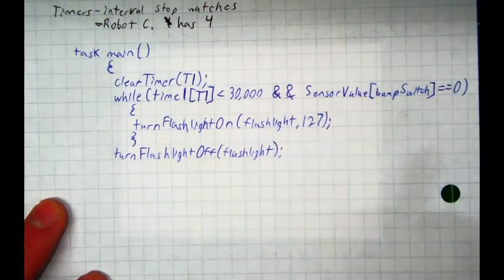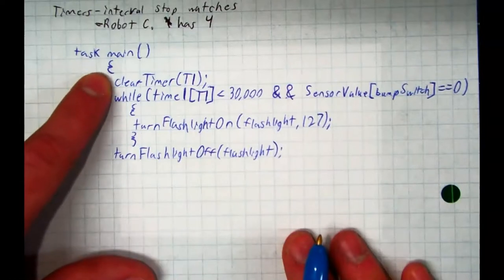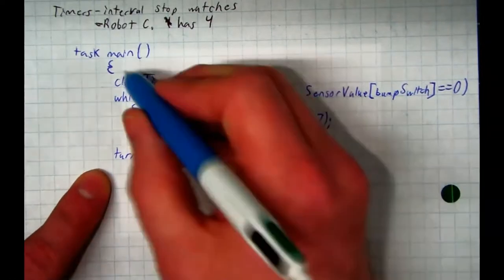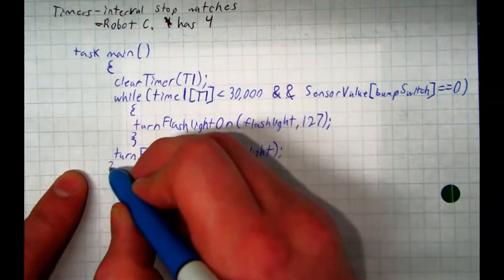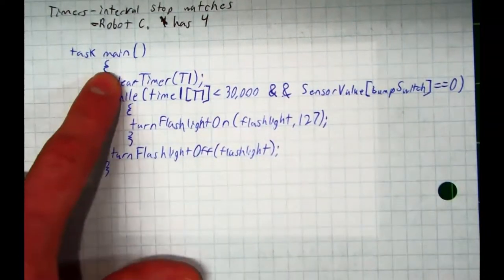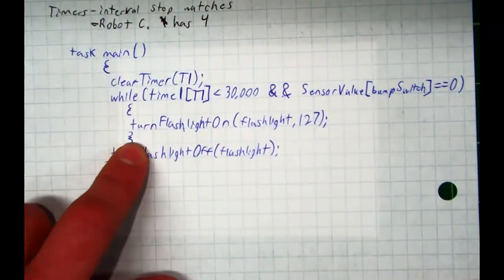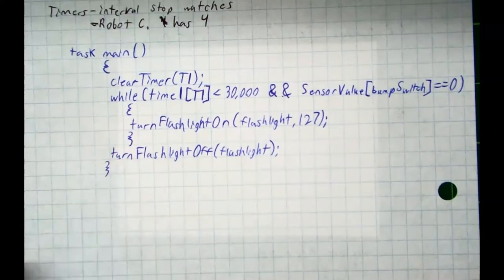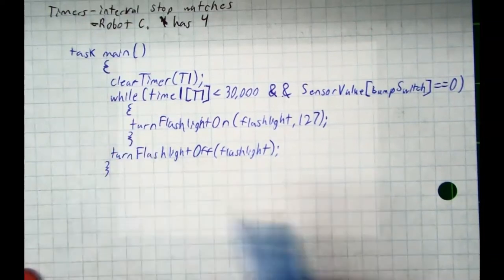Oh, and then we need to close our overall task. So below that, we add another curly brace closing it. So we opened our code, we opened our while statement, we closed our while statement, we closed our code. Again, don't forget proper formatting is your best friend in this.